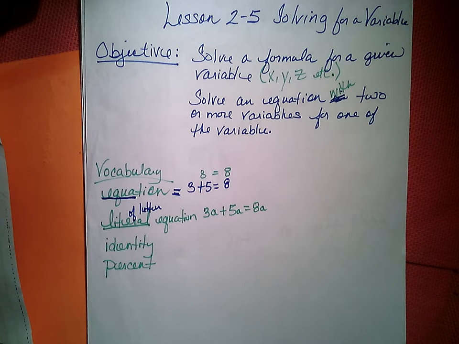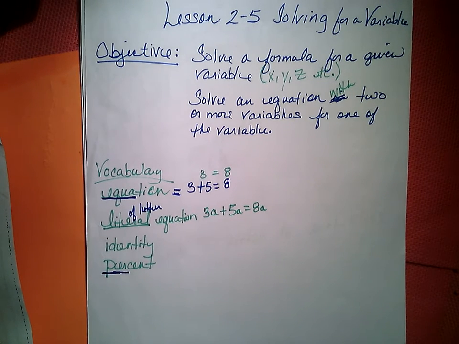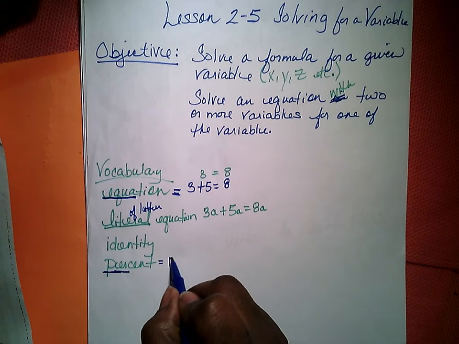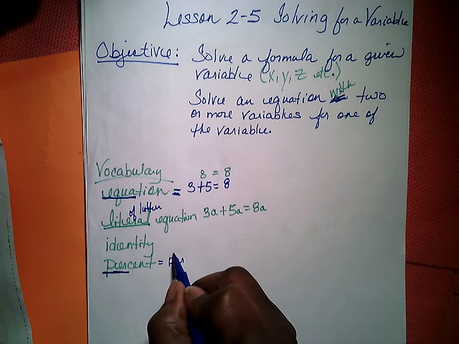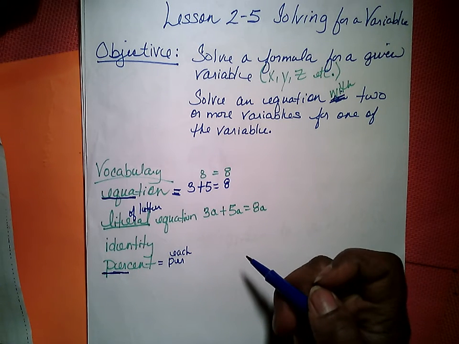And then we have the word percent. If you look at the base part of that, you're looking at per. Per means each. Anyone who knows percent knows that percents are usually out of 100.